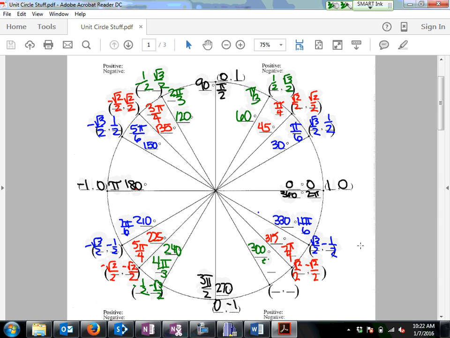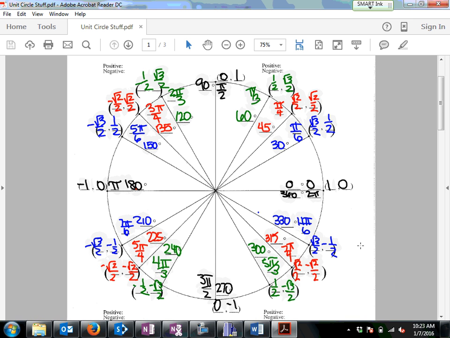Good. Everybody together. You probably already filled it in. What is our coordinate? 1/2, negative radical 3 over 2.